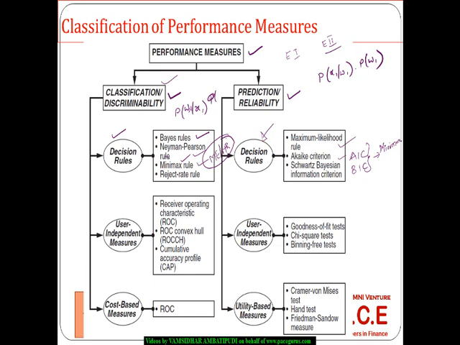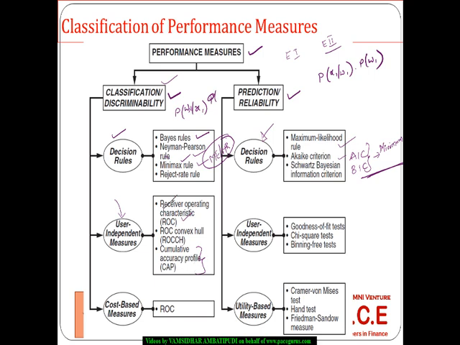So whichever model gives me the lowest value for any of these criteria, that would be the rule I am finalizing on. Similarly, I am going with user independent measures here, where I can look at the receiver operating characteristic, which is the ROC, or the CAP, which is the cumulative accuracy profile.